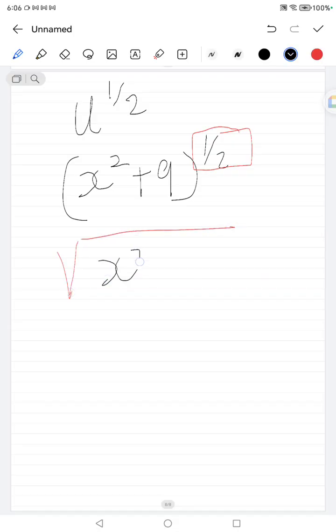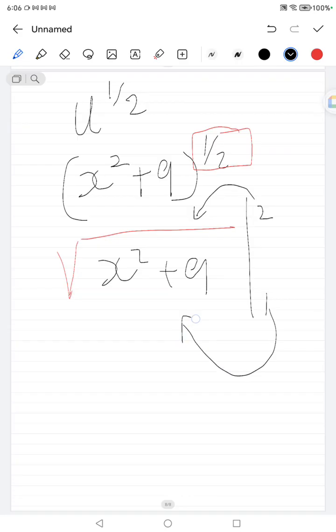Then you have the square root of x squared plus 9. Remember, you were finding from which region? From 2 and 1. You do the same. You substitute 2 into this formula, then you minus this formula, but you'll be substituting the 1. Then you find the difference as your answer.